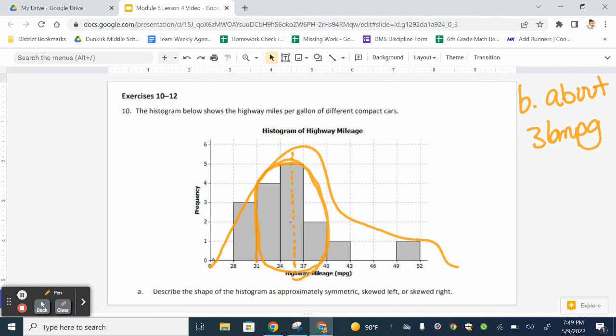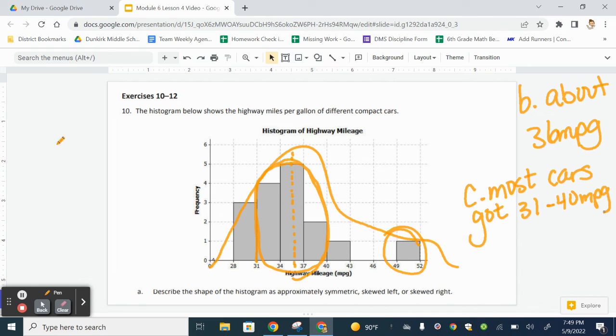But there was one car that got a whole lot more. So for part C, you're going to write most cars got 31 to 40 mpg, miles per gallon.